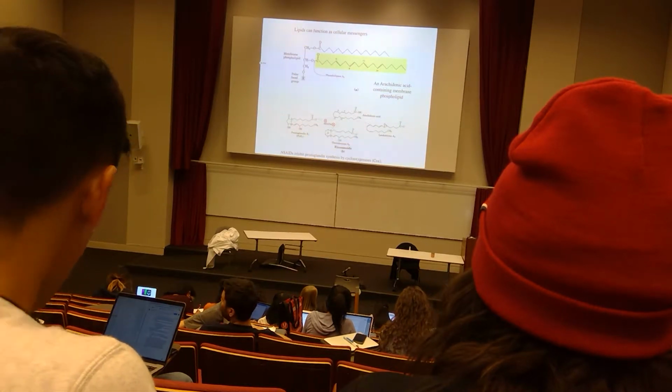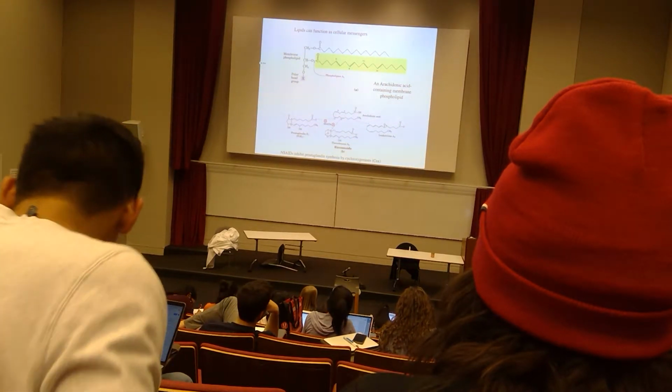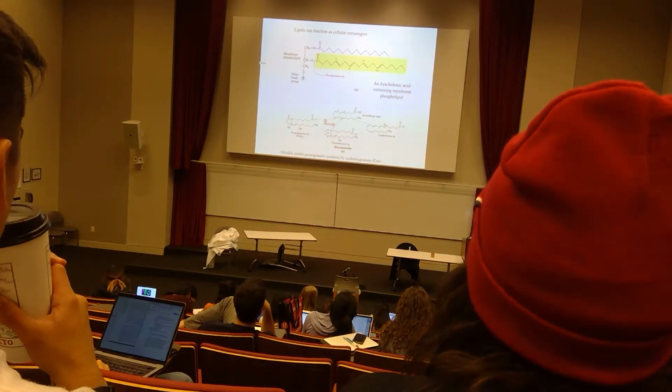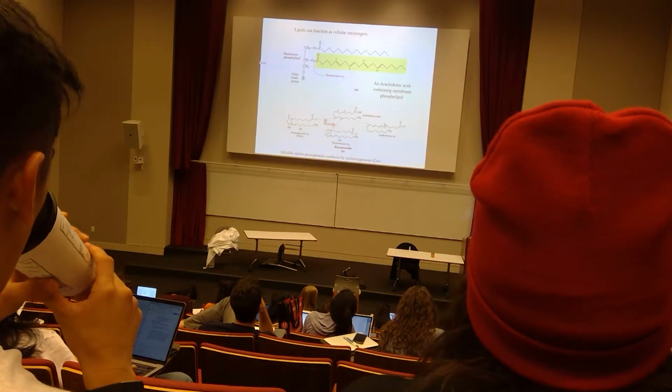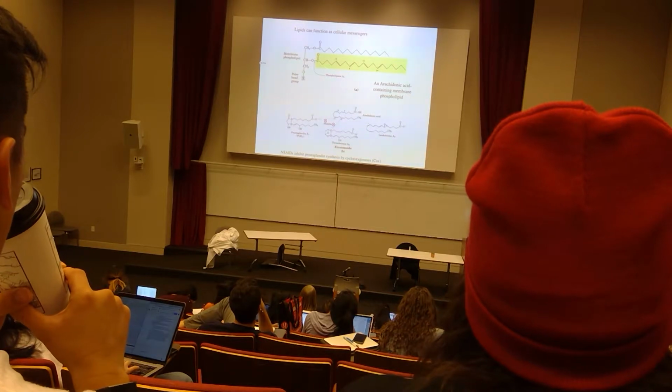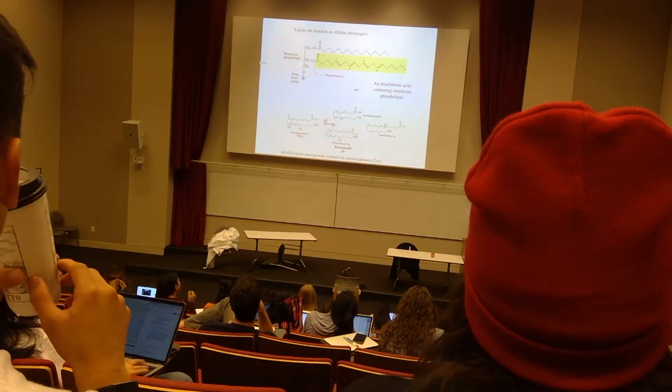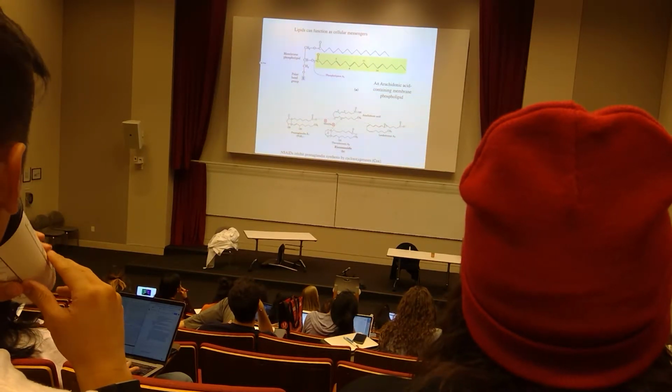So one of these is derived from arachidonic acid. This is one of the unsaturated fatty acids we talked about as being an important constituent. This is the way it might be arrayed on a membrane phospholipid.